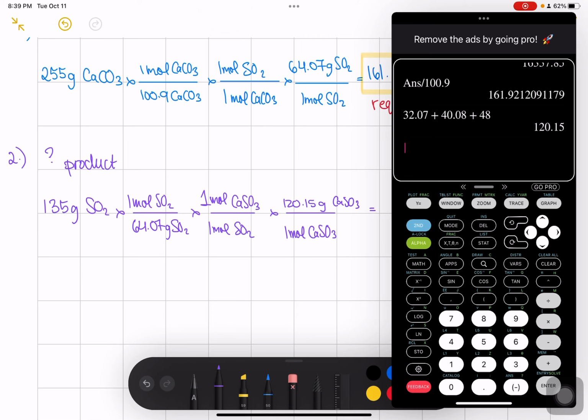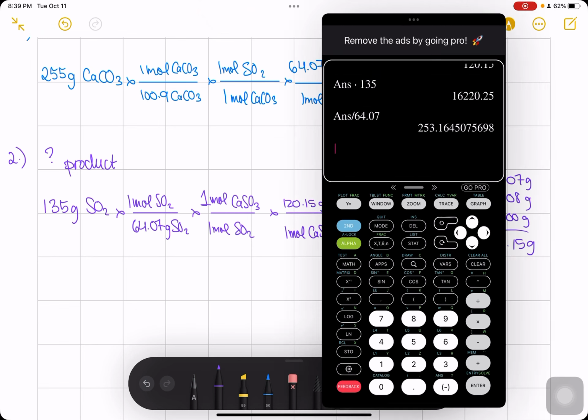Now, multiplying all of those, we're going to have 120.15 times 135. Take that answer, divide it by 64.07.